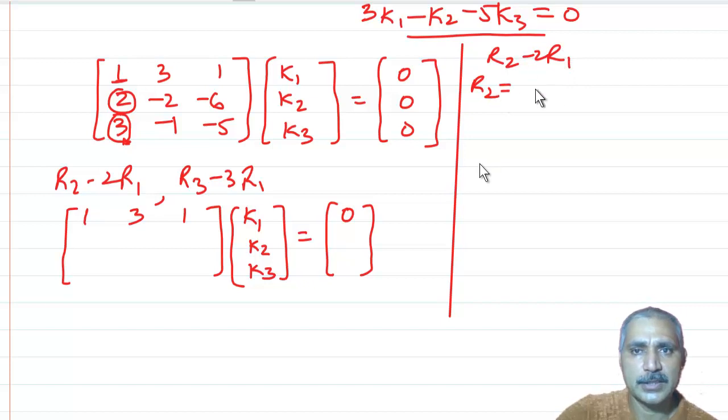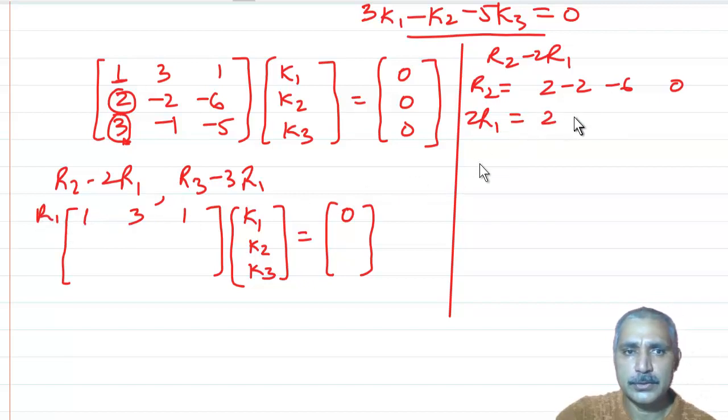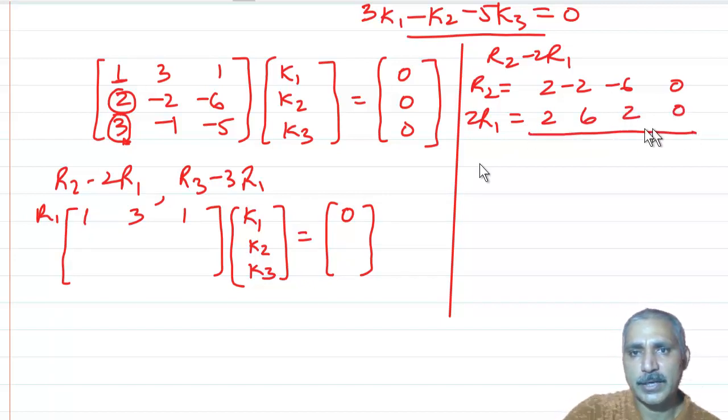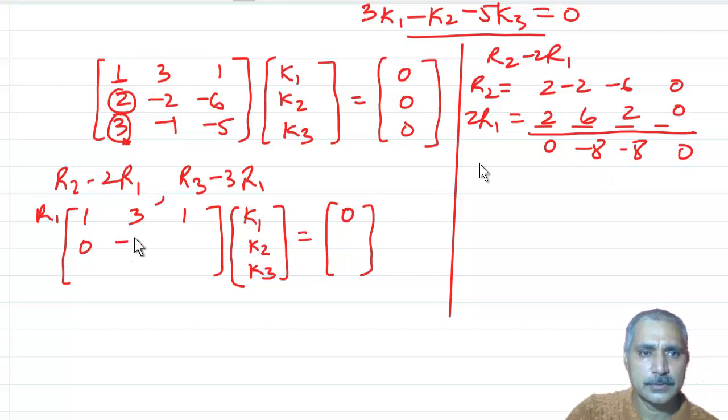R2 elements are 2, -2 and -6, and the right side is 0. 2 times R1, we will multiply this row number 1, this is R1, by 2, so we will be having 2, 6, 2 and 0. We will subtract these two, sign will change, this will become 0, -2 minus 6 will become -8, and this is going to be 0. So we will be having 0, -8 and 0.